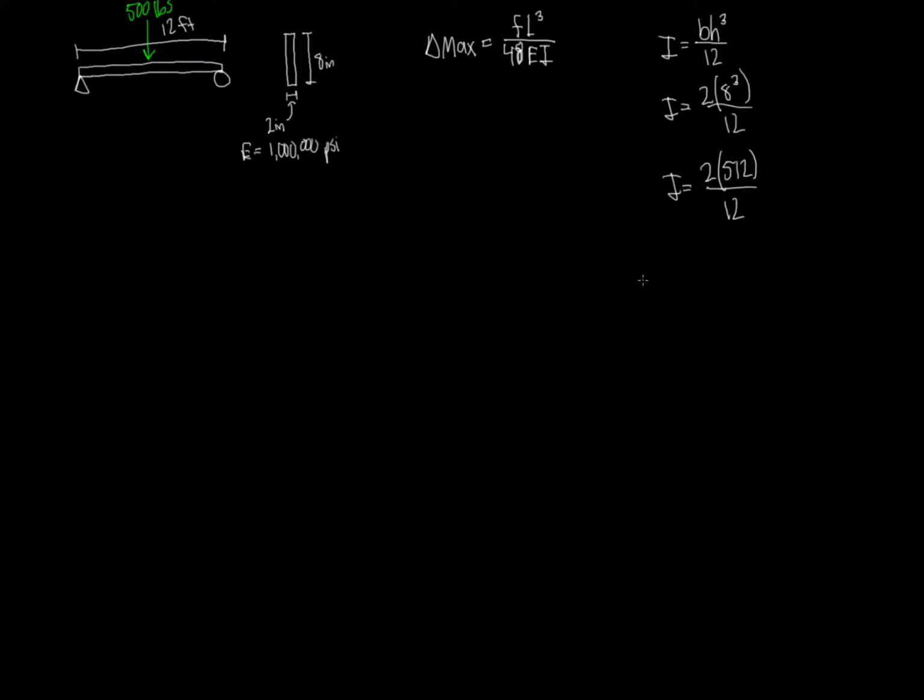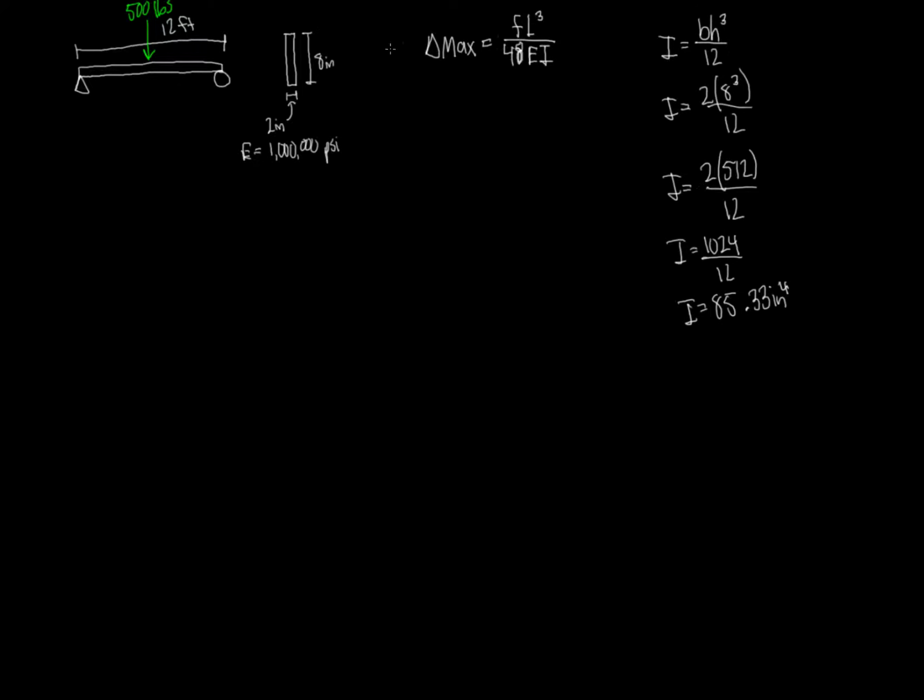Then we're going to do 512 times 2, and we're going to get 1024 divided by 12. And when we do that, we're going to get a moment of inertia for this beam of 85.33 inches to the fourth. So that's our moment of inertia.